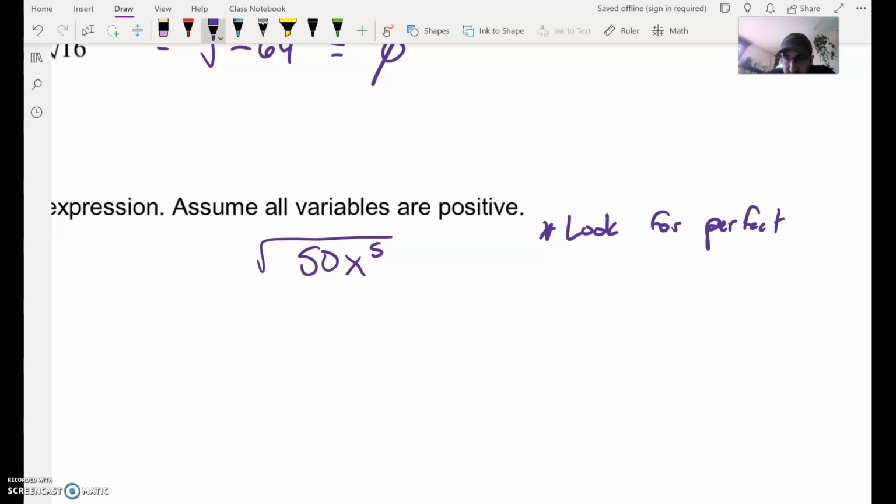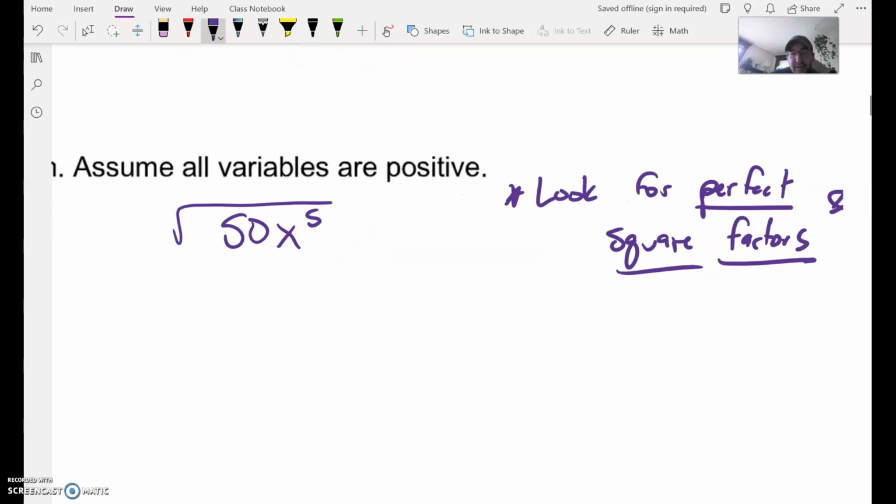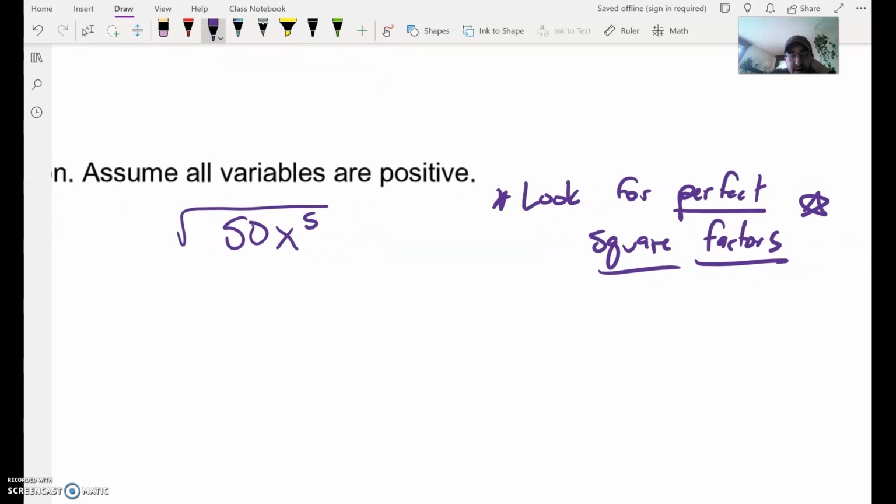we talked about this in class, but you have to look for perfect square factors. What does that mean? It means that the number 50 is not a perfect square. Our perfect squares, remember, are 1, 4, 9, 16, 25, 36, 49, 64, and so on. So I can break this 50 down into 2 factors, and the perfect square that's in there is 25.